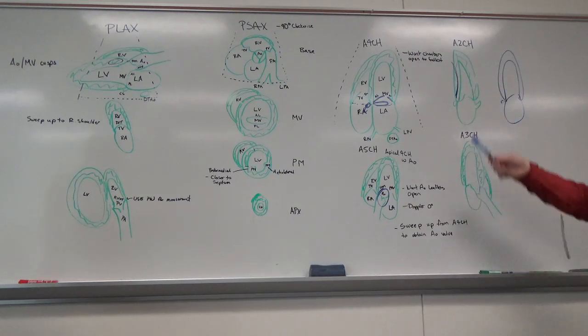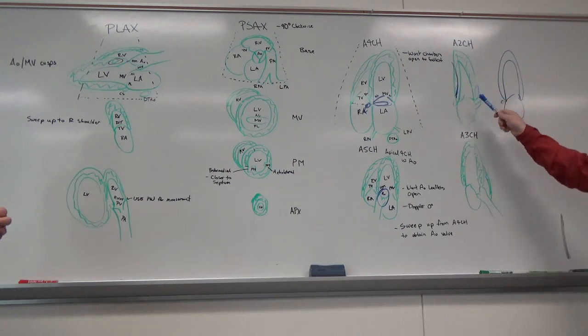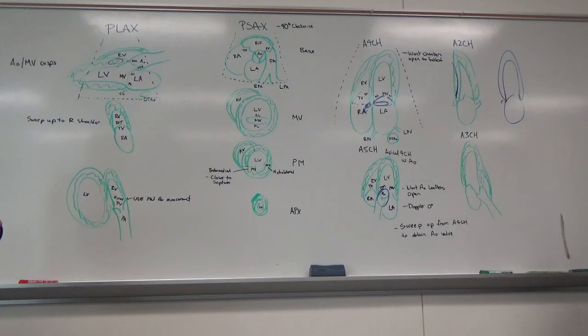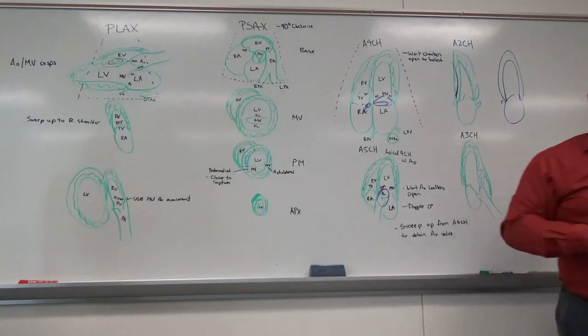The anterior wall is typically more difficult to see, because it's close to the chest wall and the hardest to get that perspective from where we're at. So that's two-chamber. Remember, to get this good, you want to be exactly down the center of the LV.